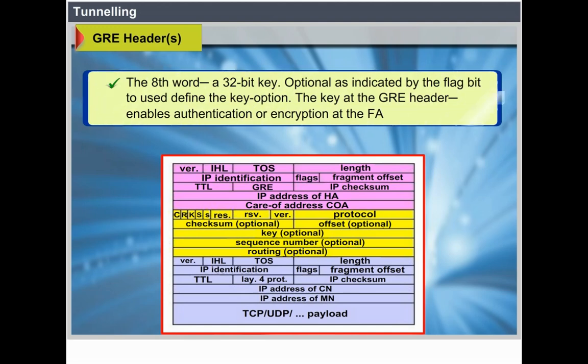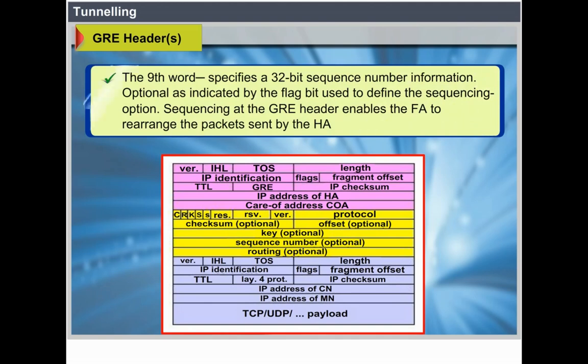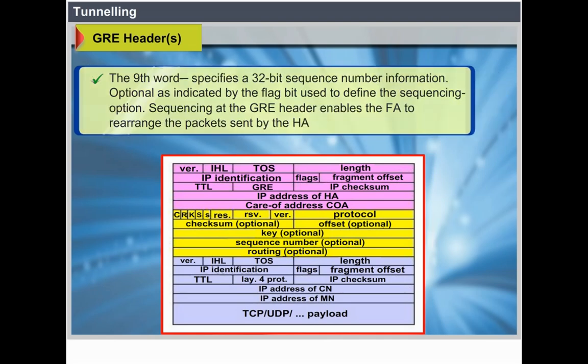The key at the GRE header enables authentication or encryption at the FA. The ninth word specifies 32-bit sequence number information, optional as indicated by the flag bit used to define the sequencing option. Sequencing at the GRE header enables the FA to rearrange the packets sent by the HA.